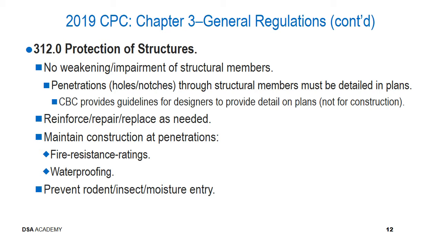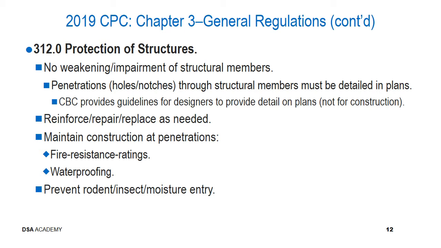These particular details for these penetrations have got to be detailed on a case-by-case basis on the actual DSA approved plans. In the event that structural members have been weakened, those structural members have got to be reinforced, repaired, or replaced as needed. And there may be situations where a CCD is going to be required, since this is a structural issue.